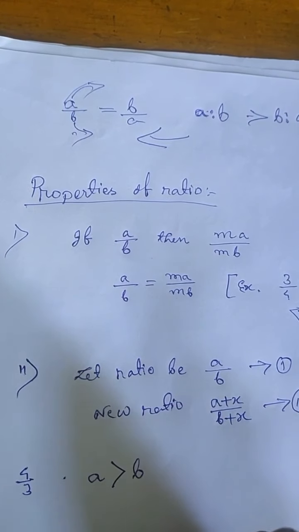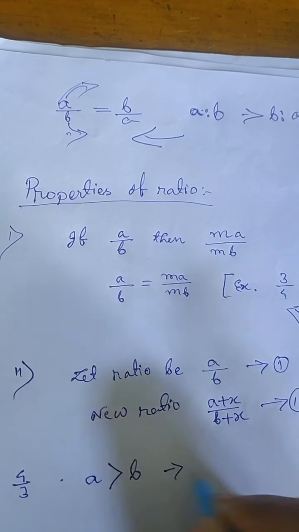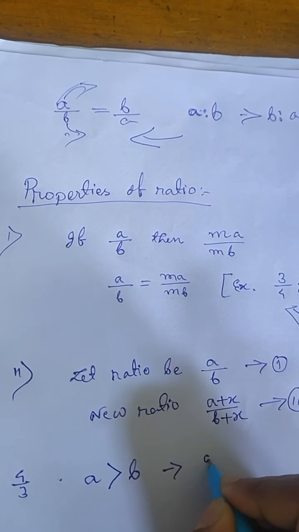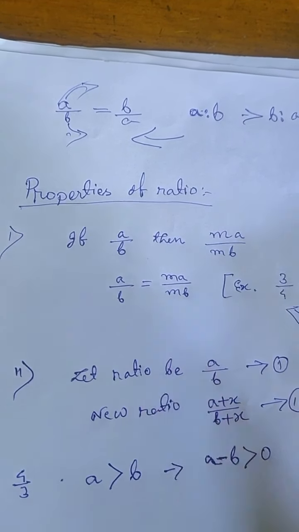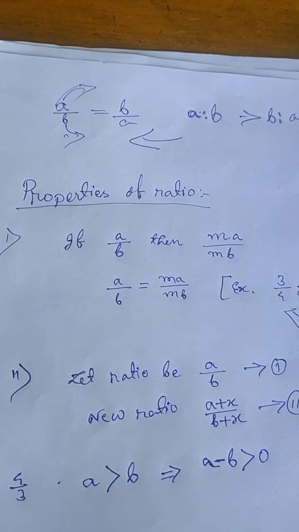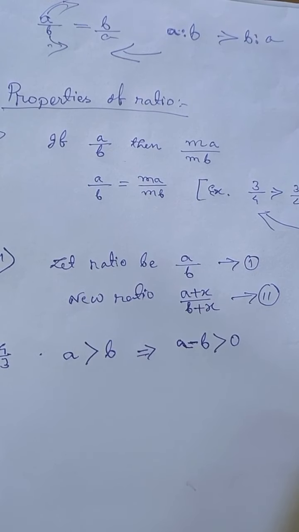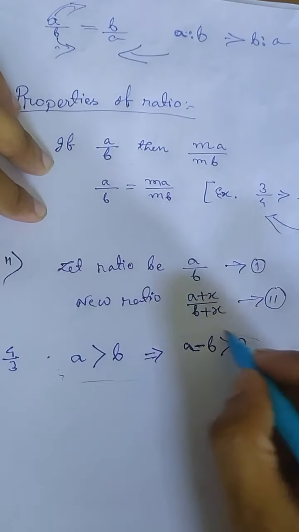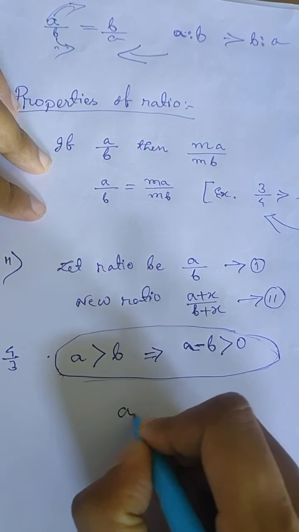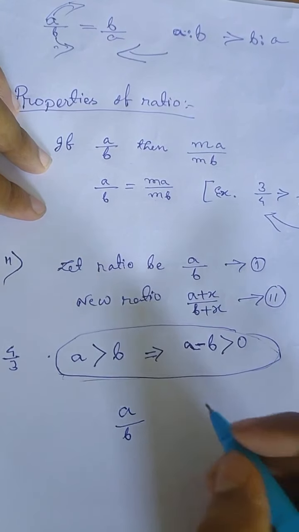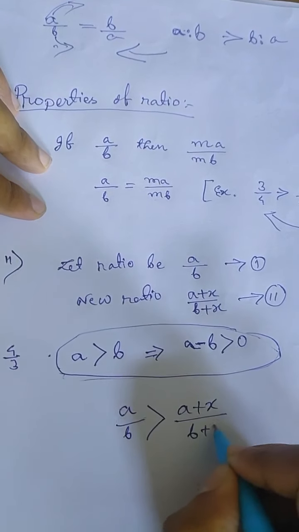So A is greater than B, it will be called greater inequality, and because of that A minus B is greater than 0. Now the property says that if the ratio is like this, then A by B is greater than A plus X by B plus X.